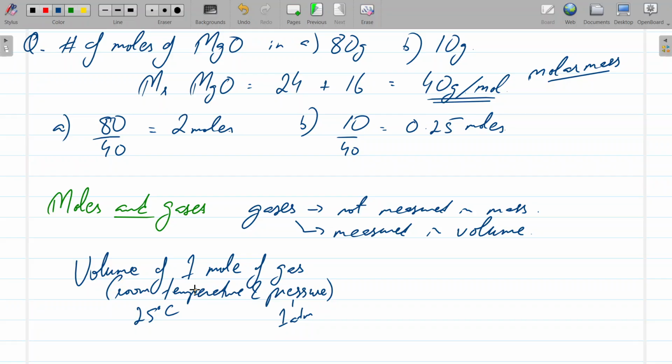right? And under these conditions, when you have 1 mole of gas, what is the volume that you're going to find it occupying? And that is approximately what they like to call 24 dm cube. DM does not mean direct message from Instagram.